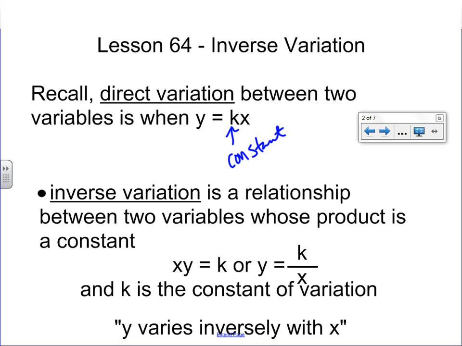So the two variables are still x and y. Product means we're multiplying them. So inverse variation is xy equals k or y equals k over x. And k still is the constant of variation. So k is still going to be a constant. It's going to be a number. When they want to know the constant, it's that number. We say this, y varies inversely with x.